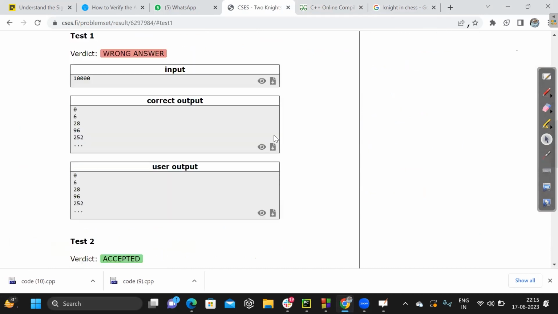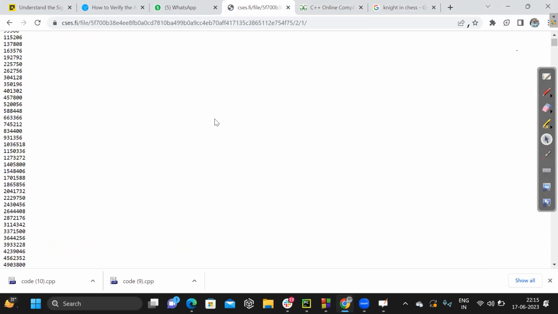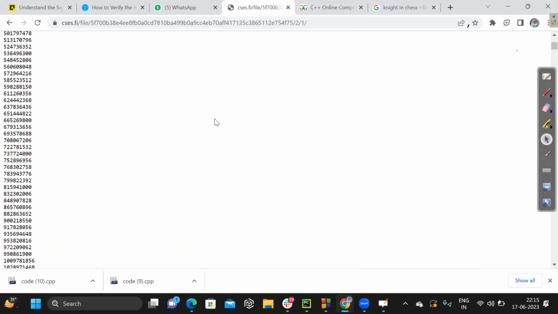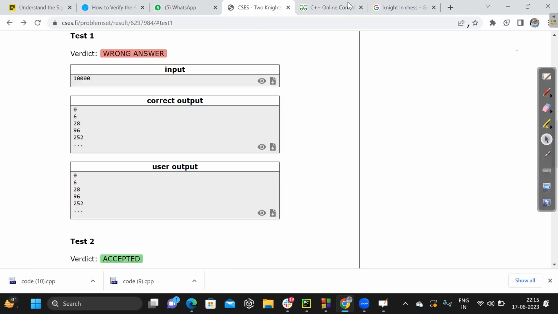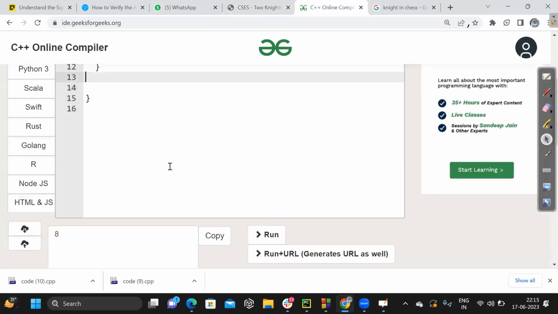Okay, why wrong answer? What do you think? Where did we make the mistake? There are huge numbers, I guess. Maybe there is a case where we need to take long.